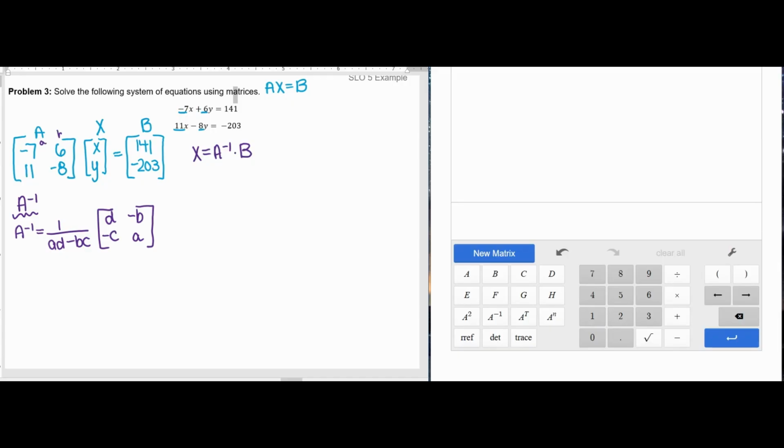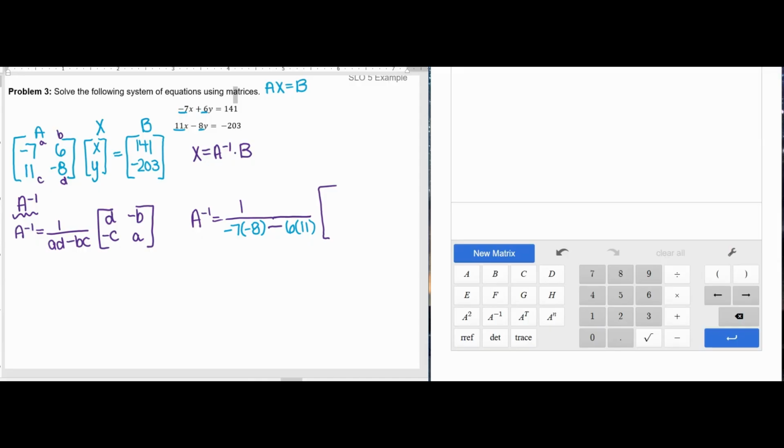Okay, labeling my little a, little b, little c, little d in my coefficient matrix, my A matrix. I am going to have 1 all over -7 times -8 minus, because it's always minus, 6 times 11 for B times C. Notice that nobody's signs have changed or anything yet.